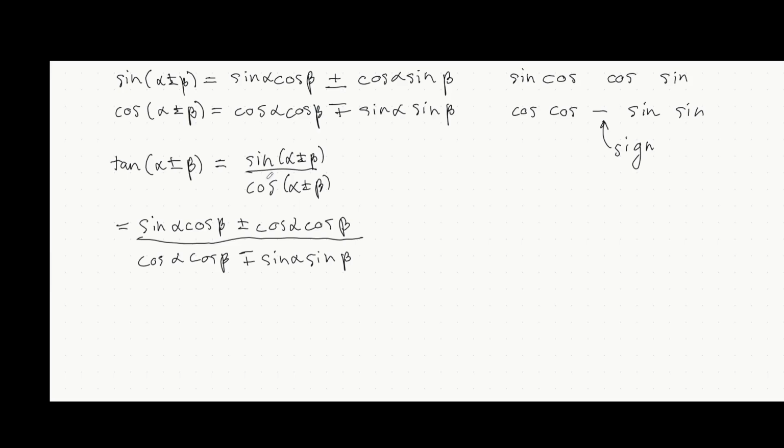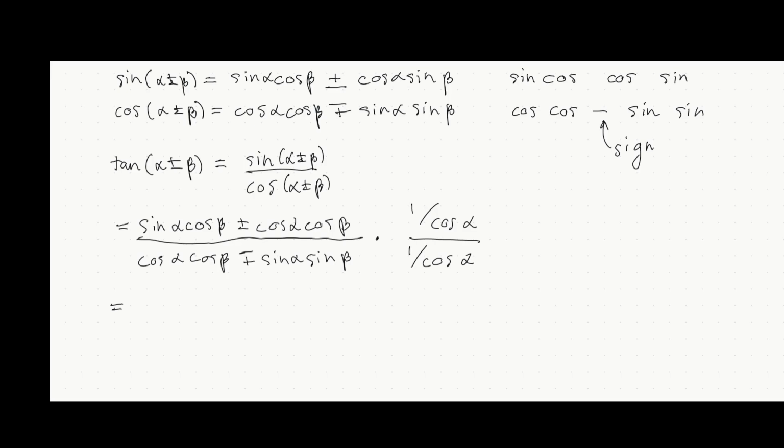So we want to change all our terms to be in terms of tangent instead of sine or cosine. So the first thing we can address is sine alpha. We want to divide that by cosine alpha in order to get tangent of alpha. And so we just need to do the same thing on the top and the bottom in order to not change this formula.